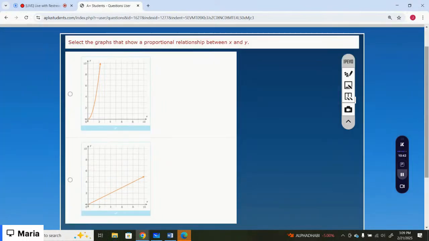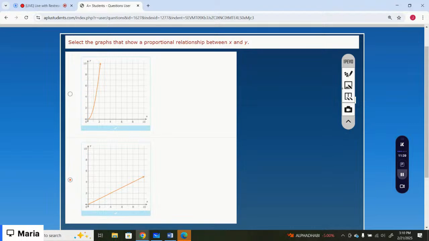Select the graph that shows a proportional relationship between x and y. Option number two is the correct option.